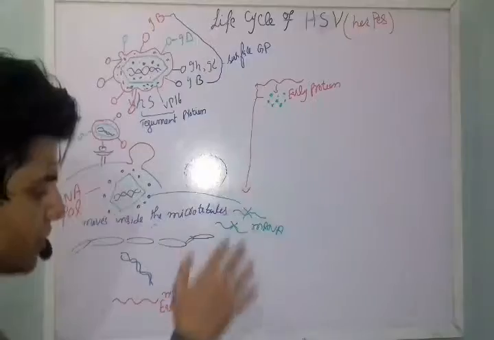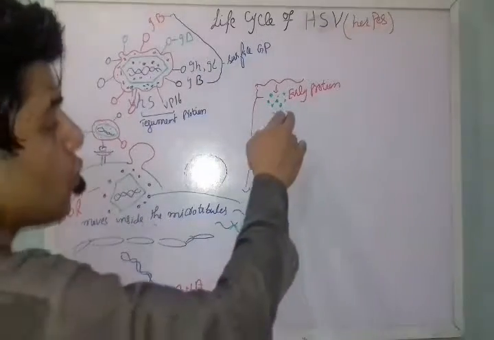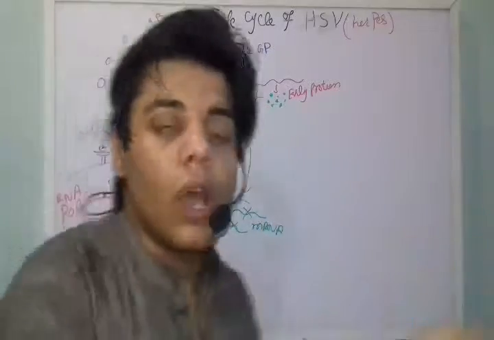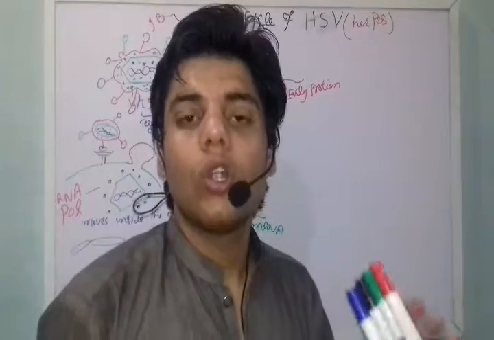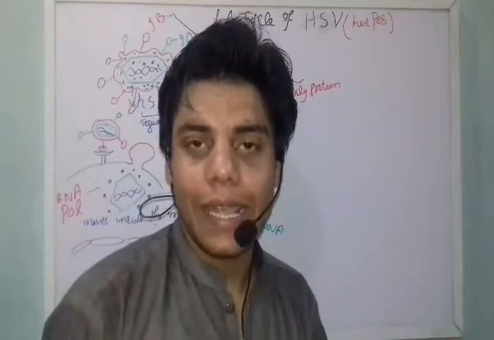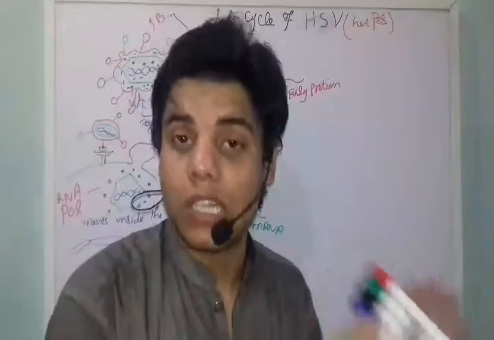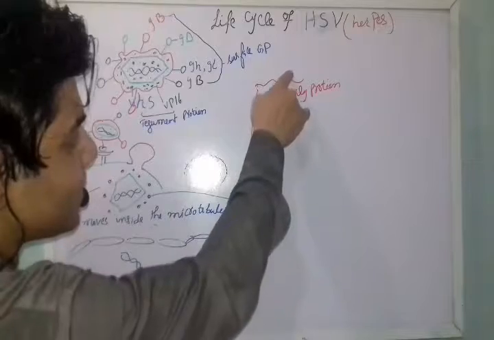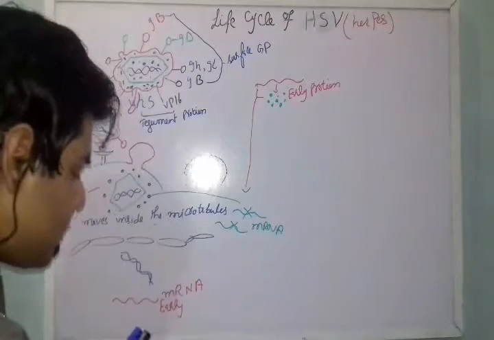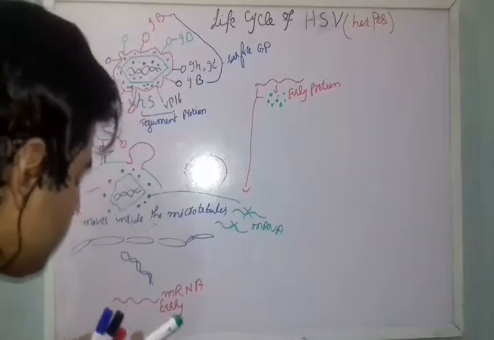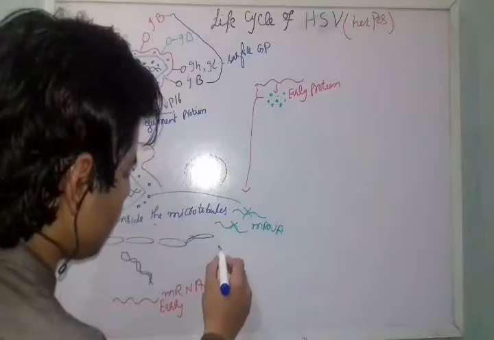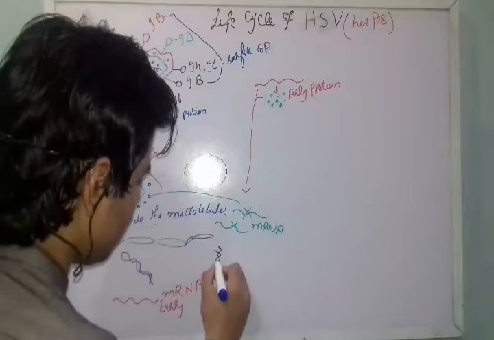Once they reach inside the host nucleus, these early proteins, as I drew, are used to produce double stranded DNA. They take this RNA as a template, and we get many copies of the double stranded DNA.